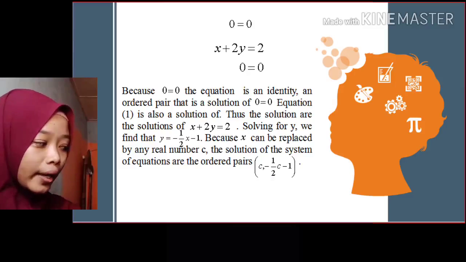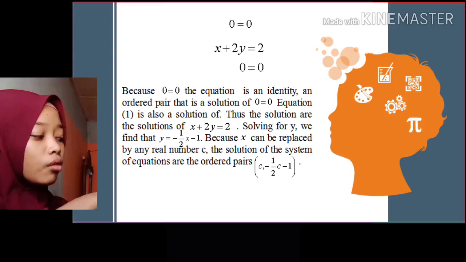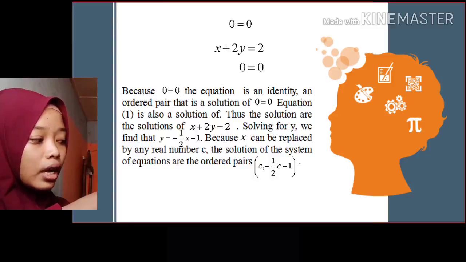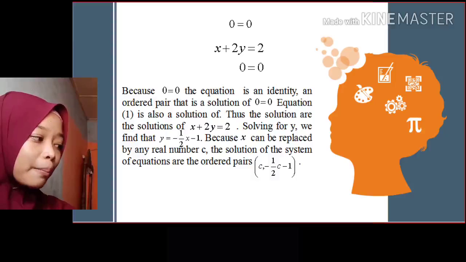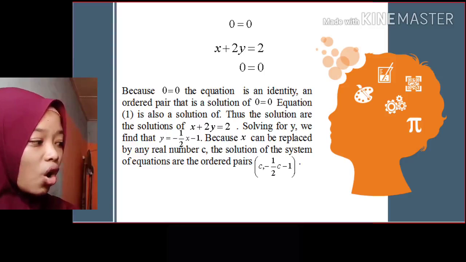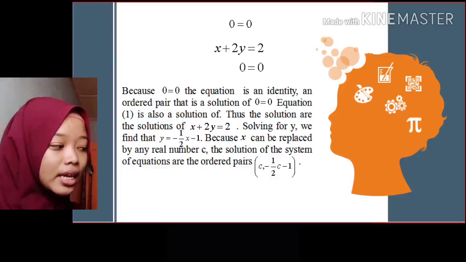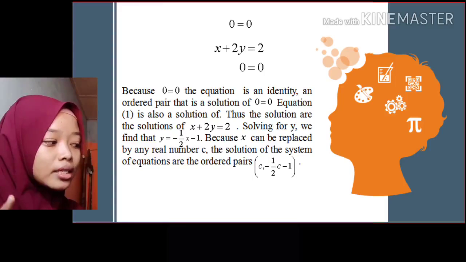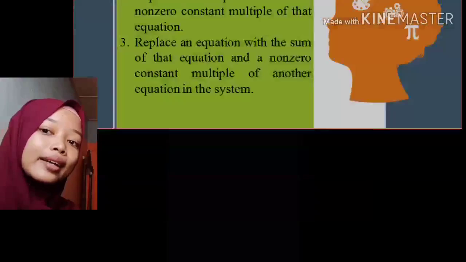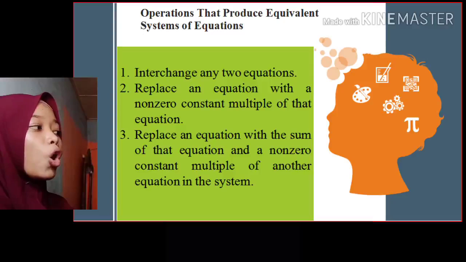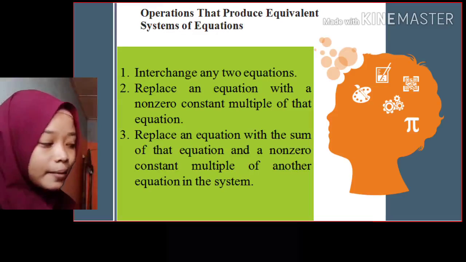Solving for y, we find that y equals minus a half x minus 1. Because x can be replaced by any real number c, the solutions of the system of equations are the ordered pairs (c, minus a half c minus 1). And then I will explain to you about the operations that produce equivalent systems of equations.